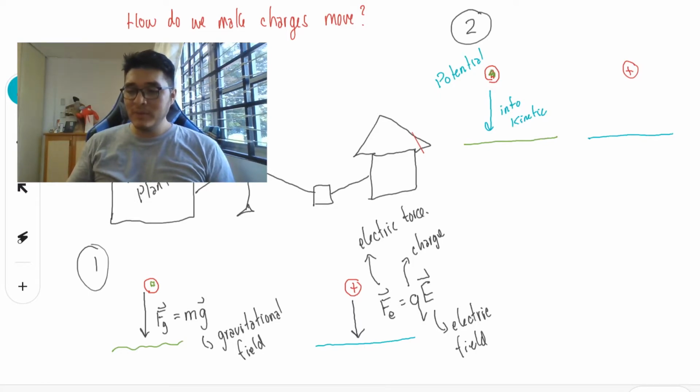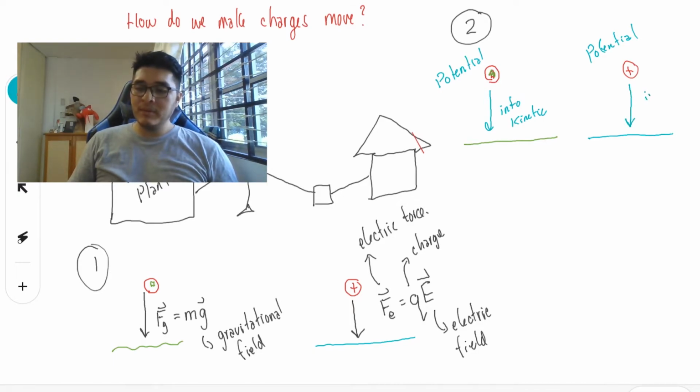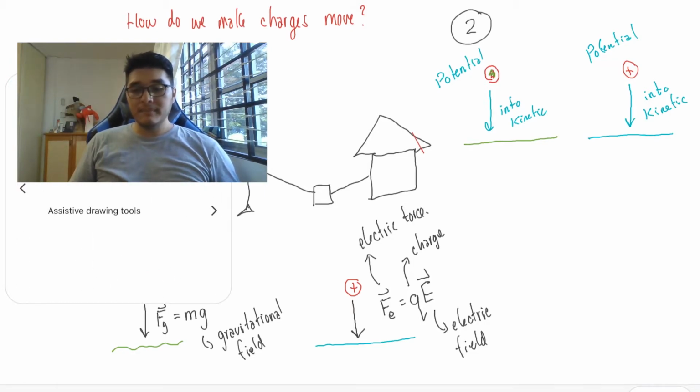Now we can apply it for charges. So what's going to make this charge move is in some given position. Due to that position, it's going to have potential energy. And what is it going to do with that potential energy? Convert into kinetic.